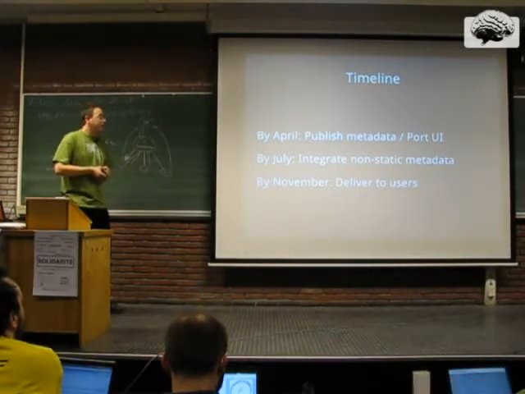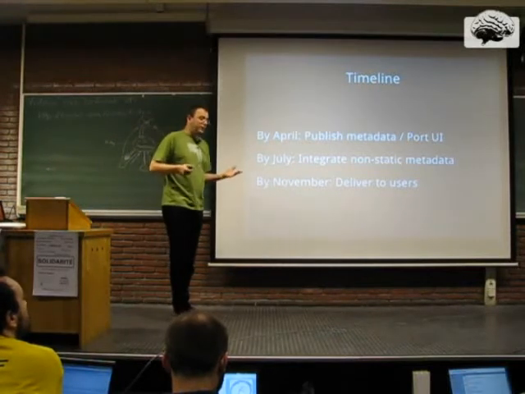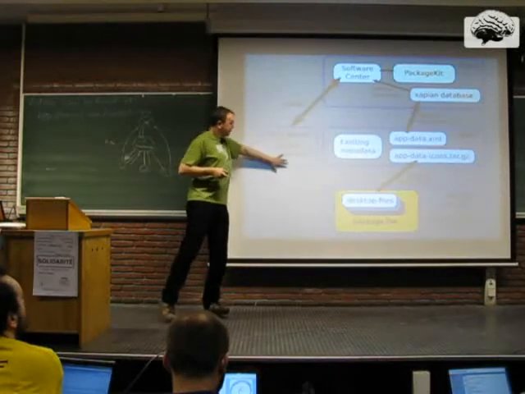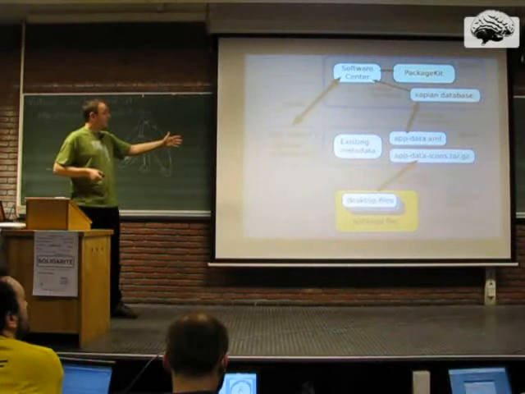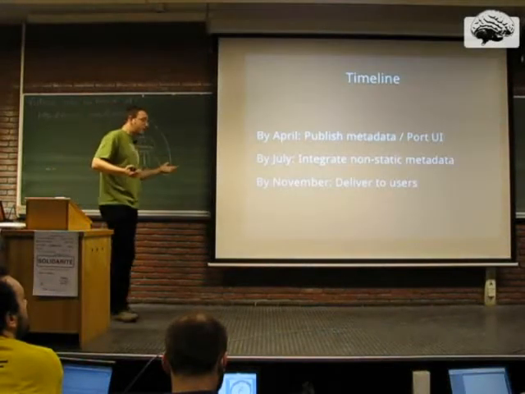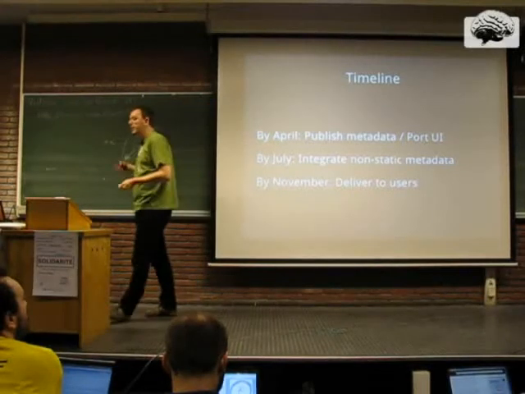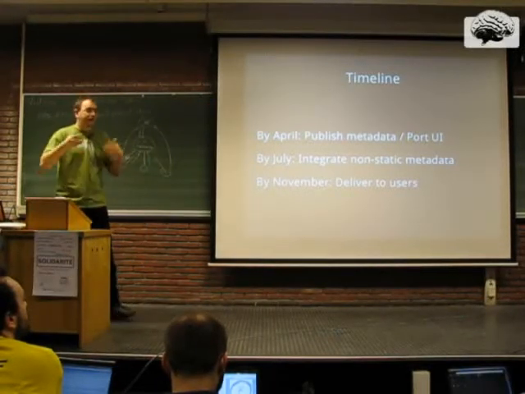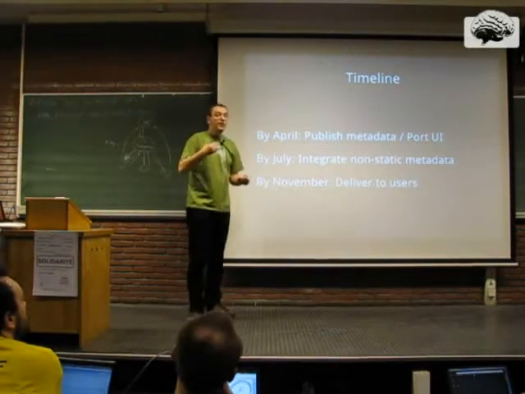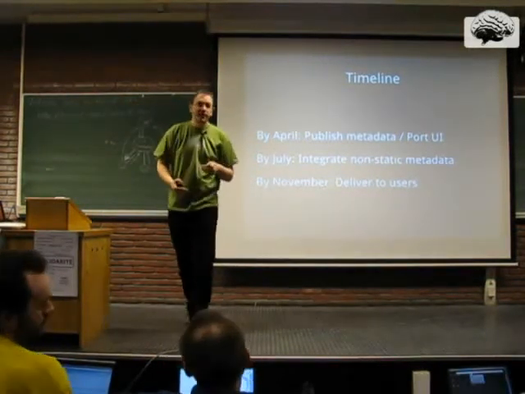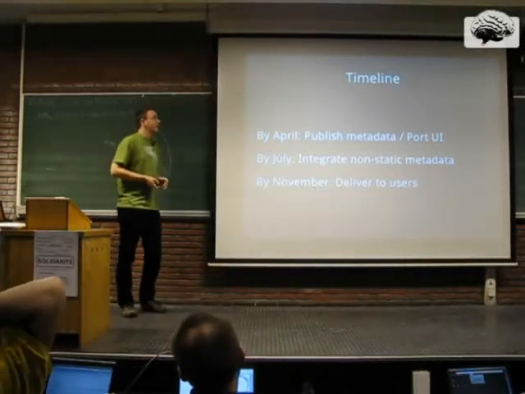By July, the goal is to integrate the non-static metadata. So that's this part, the OCS server. And so we want to have distributions provide an OCS server and to have the software center understand OCS so that people can publish comments, publish ratings, see what other users think of applications.